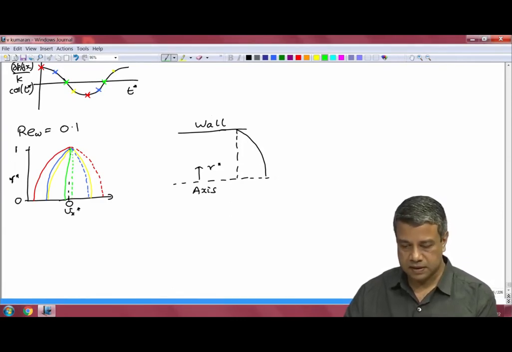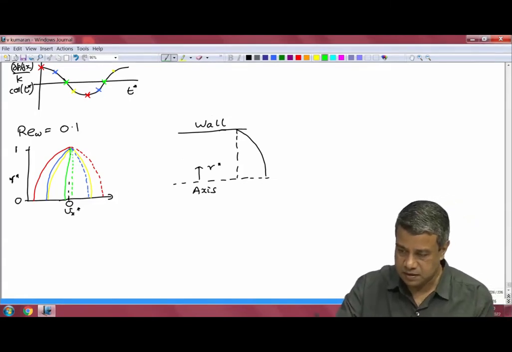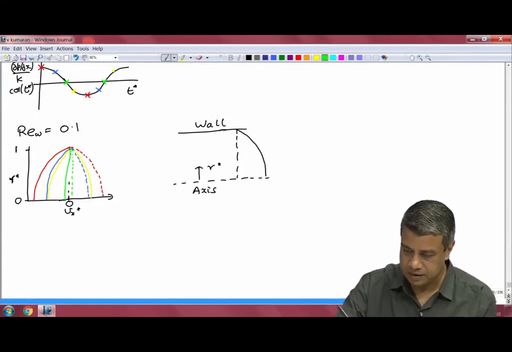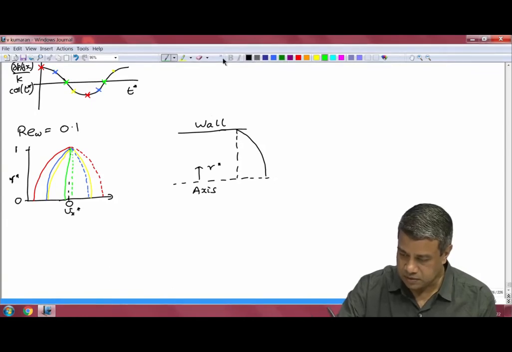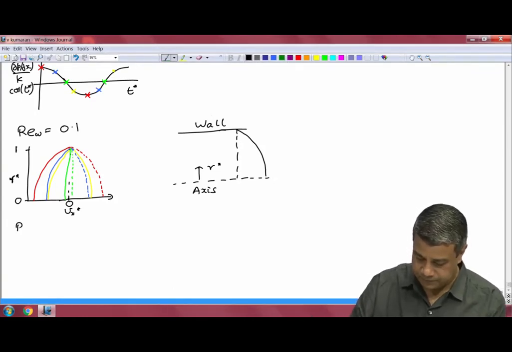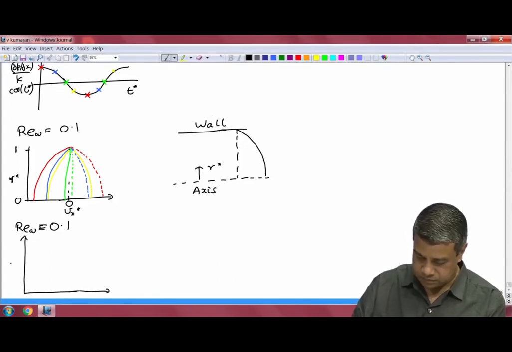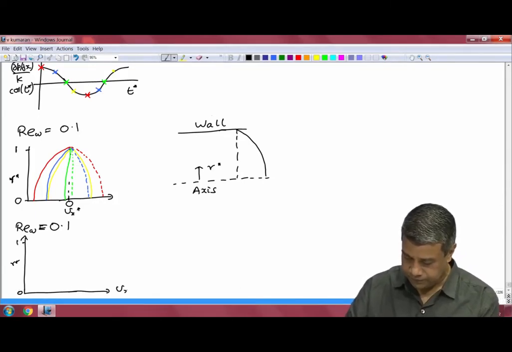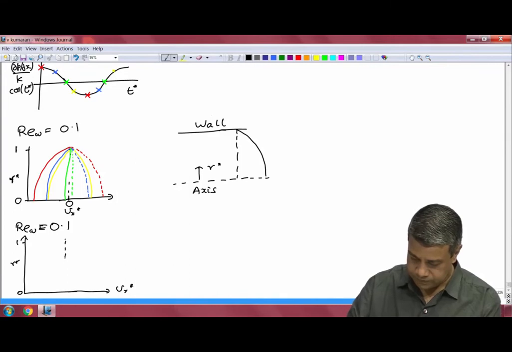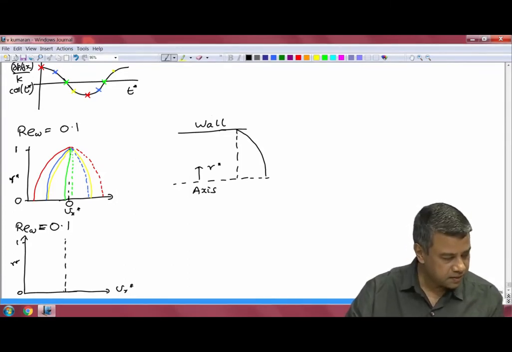So, this is the value of the velocity field as a function of time. In this case, when Re is 0.01. When Re is equal to 0.1, say, you get something that looks very similar.